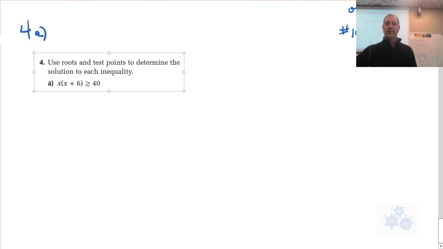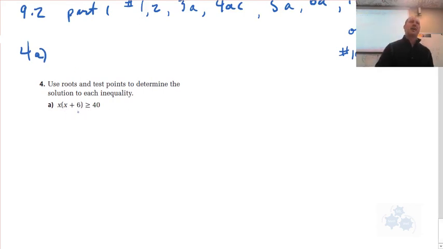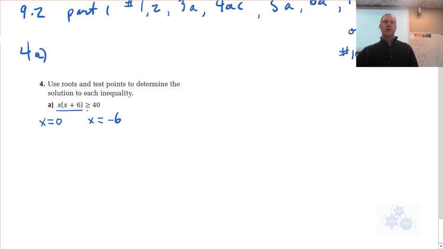So 4a says this: use roots and test points to determine the solution to each inequality. So we have already this expression factored already. And so what we're going to do is we're going to find out where the roots are. So obviously the roots are at x equals 0 and at x equals -6. Is that true? Well, this is actually not 0, is it?